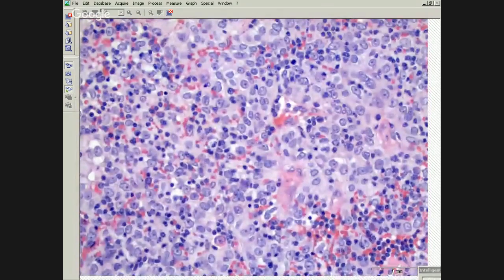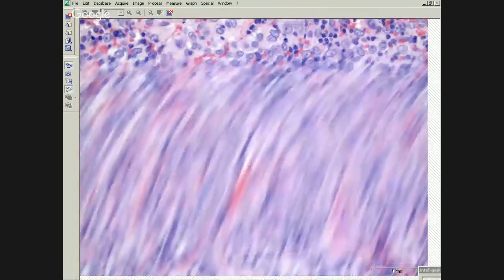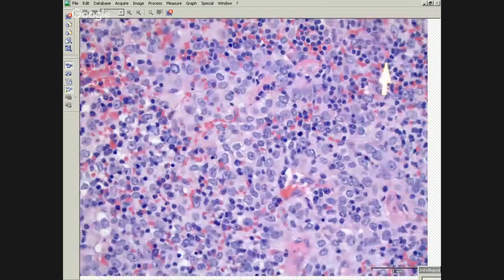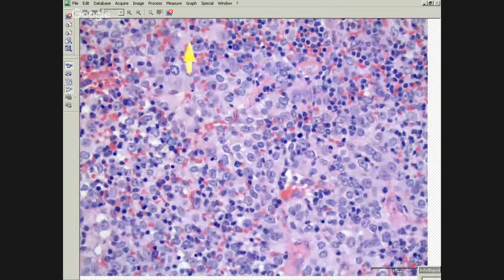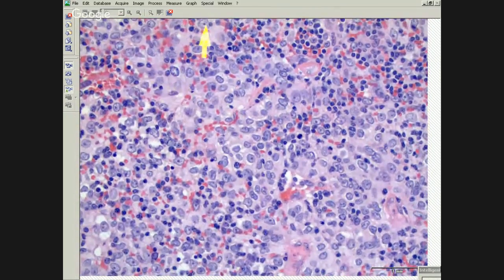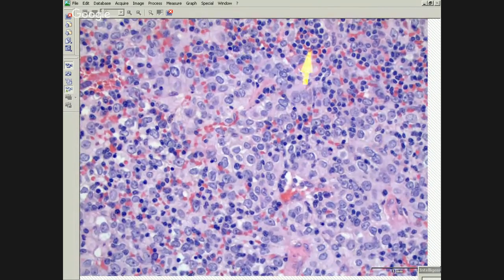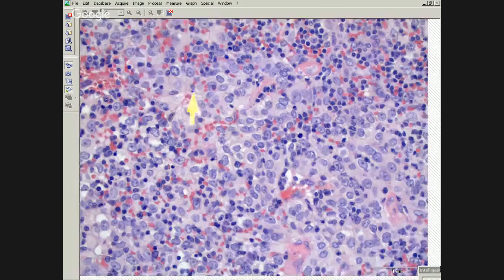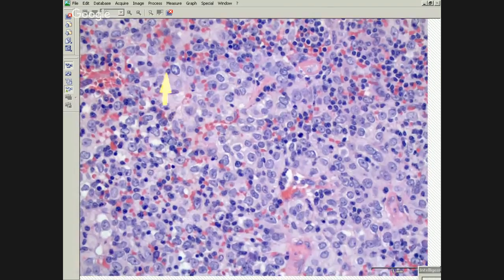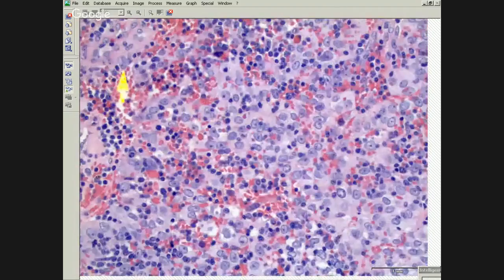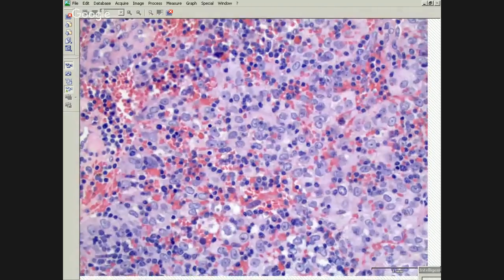Okay, so you've got multiple nodules of the pleura. You've got some sort of bland looking cells with small nucleoli here with lymphocytes in the background. And these are sort of round, somewhat cohesive, maybe not.